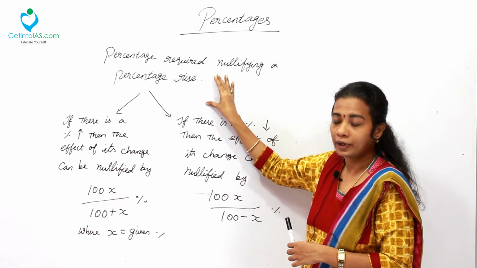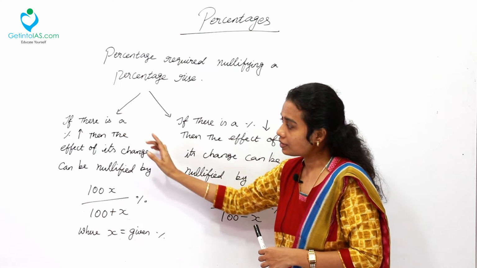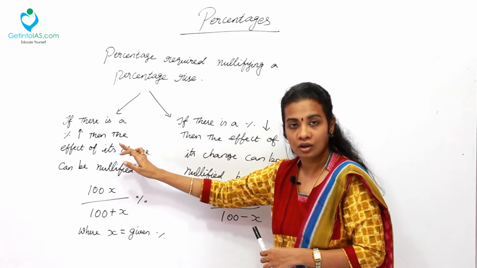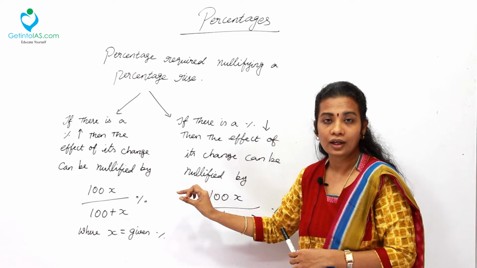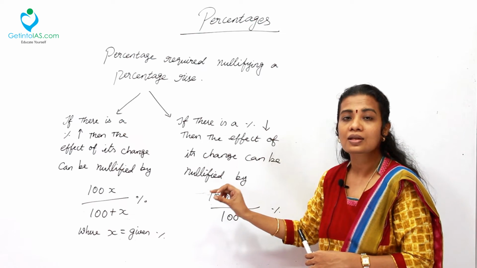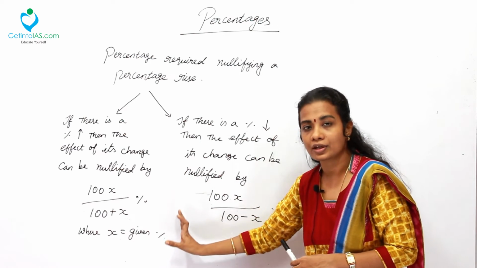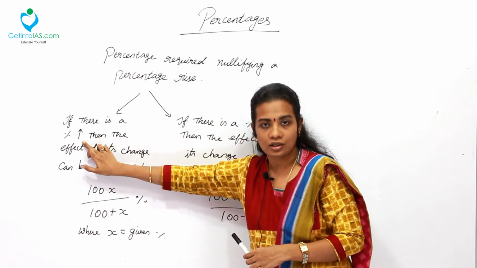Under this subtopic, 2 types of sums are expected. The first type is if there is percentage increase, then the effect of its change can be nullified by 100x divided by 100 plus x percentage always. This is the standard formula when there is percentage increase.